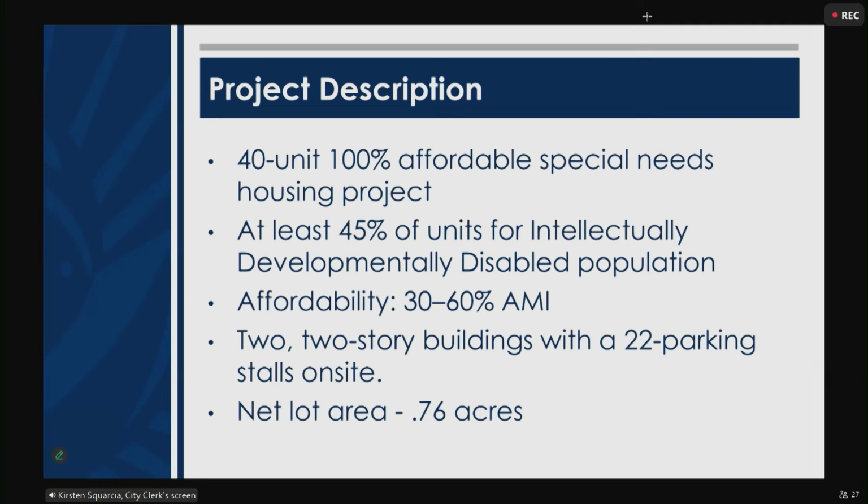The rest go to a community that falls within the 30 to 60% AMI, or area median income, for Santa Clara County. The physical description of the project is two-story buildings with 22 parking stalls between the buildings on a 0.76 acre site. Next slide, please.